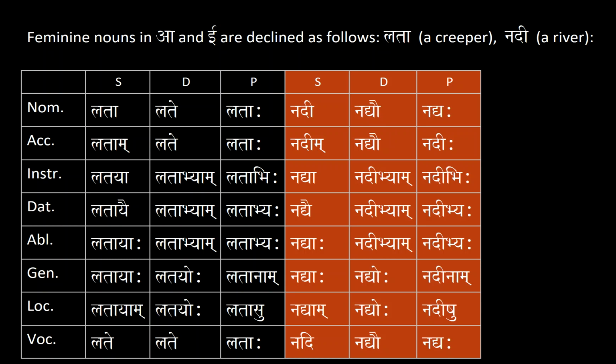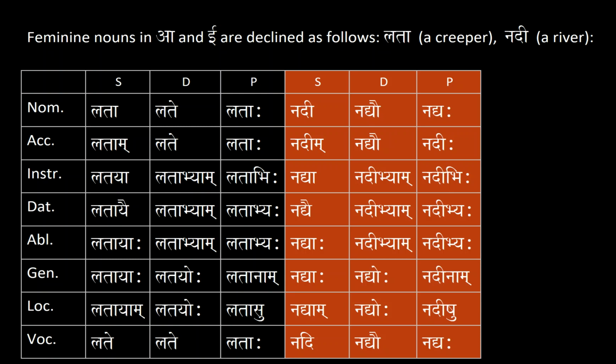So far, we have learned how to decline nouns in masculine and neuter genders. Today, we will be learning how to decline nouns in a different gender, and that gender is the feminine gender. We will be working with feminine nouns that end in long a and long e, and they are declined as follows, as you see here in the table.